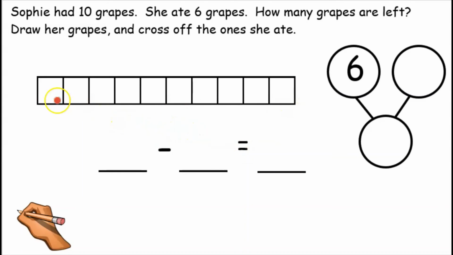So I want to show the 6 that she ate. I showed you a way in my previous example of what we can do when we're using a cube stick. We can draw a line, just like if we have cubes in our hand, we can break it apart. That line helps us know where we're breaking it. So 1, 2, 3, 4, 5, 6.